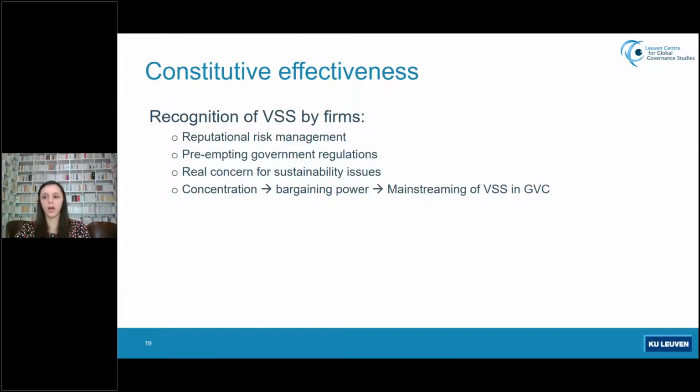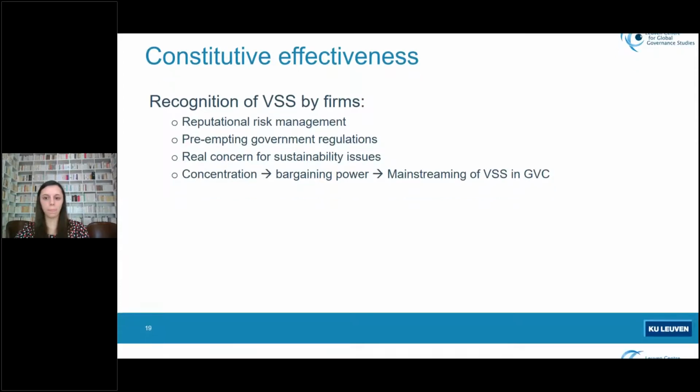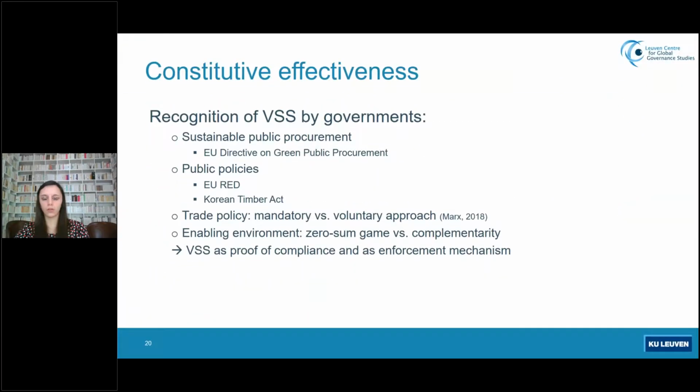So you see that the requirements of firms which have a lot of bargaining power will indeed affect other actors in global value chains. So that was for firms, but now let's look into why VSS are recognized by governments.